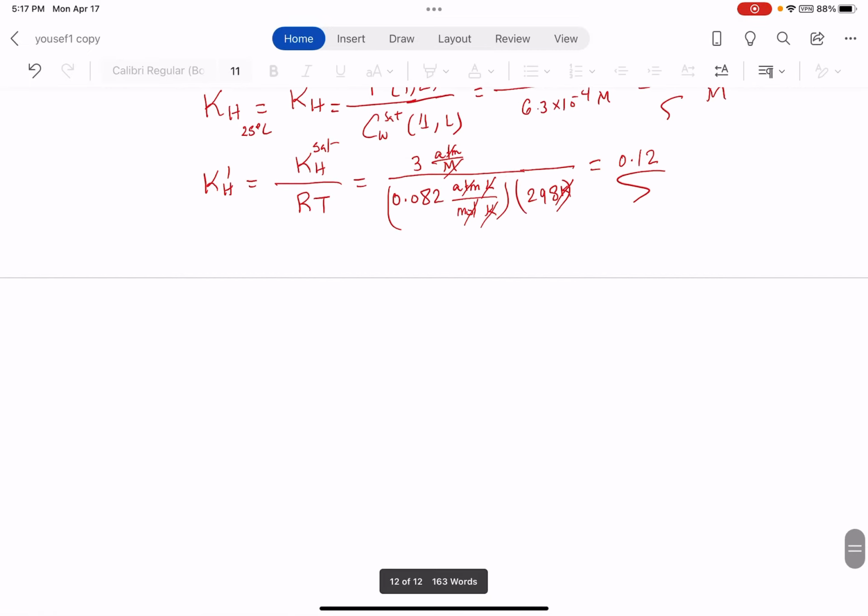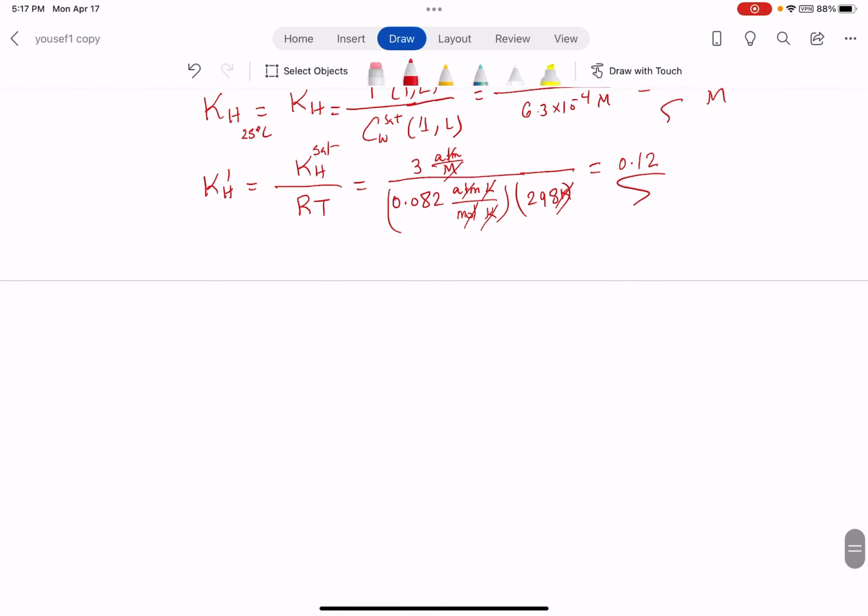So we need to find out at 5 Celsius. We can estimate the change in Kh by using the equation that we did in the notes and in the Excel sheet, assuming that delta H Henry is constant.